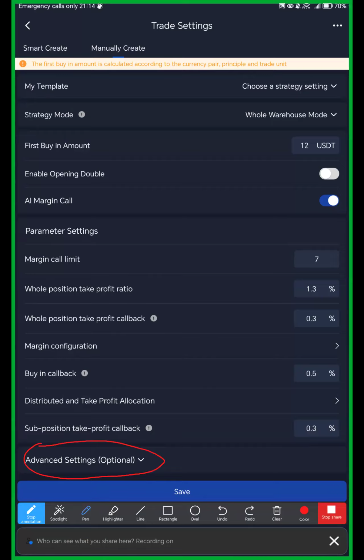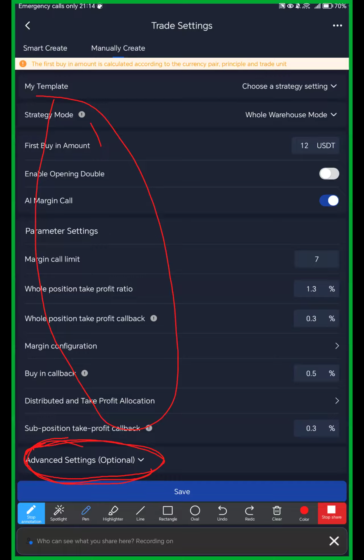That's why sometimes we do not use this part, because it is not compulsory. Yet all these things here, they are compulsory. You need to use them. But here on advanced setting, it is optional. You can trade without using it, or you can use it. So today we want to use it. So let's go advanced now.